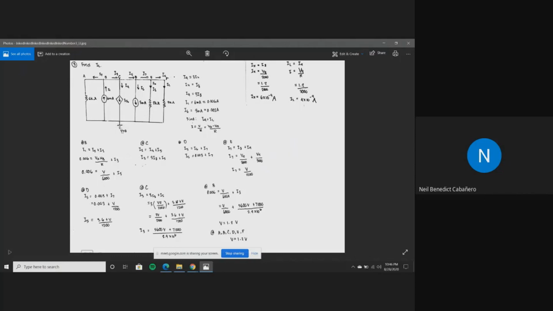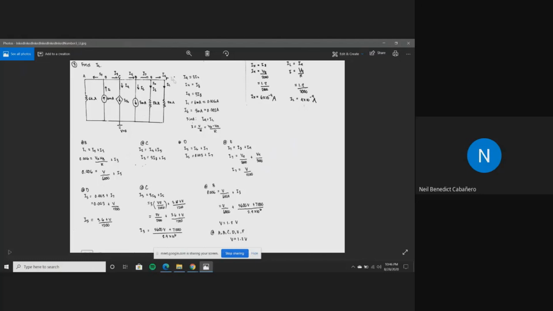So at this node, V is equal to 0. And we can also observe that this circuit is a short circuit, which means that the voltage at each node is equal to each other.